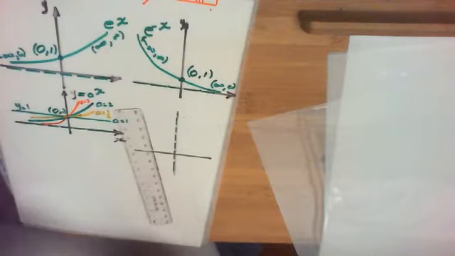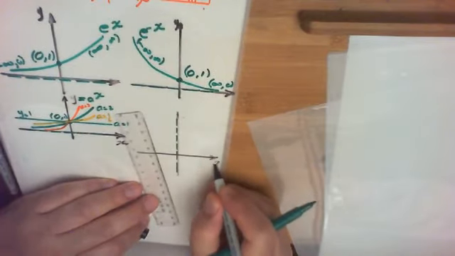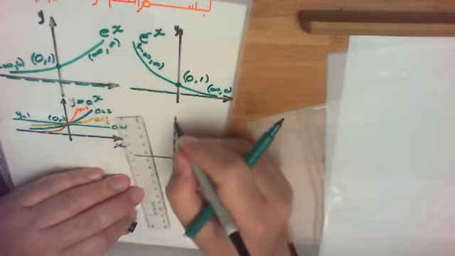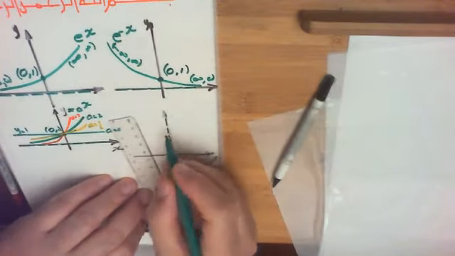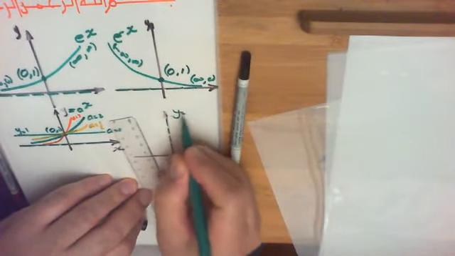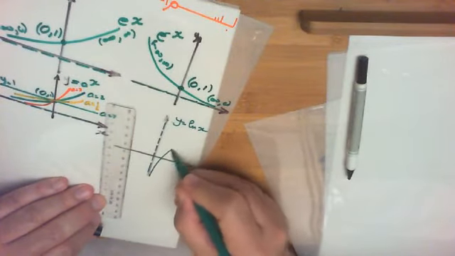And its graph, y equals ln x, is something like this.